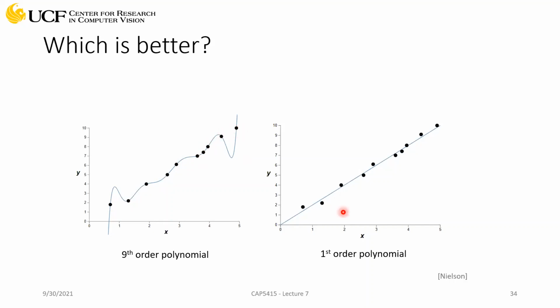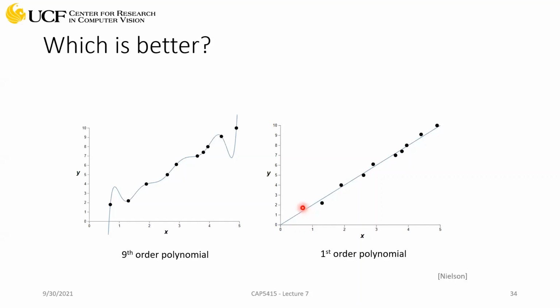Now let's look at another example, which is just a first order polynomial, because for a straight line you just need maybe two parameters, like slope and intersection with the X or Y axis. So this is a first order polynomial and it's a straight line. In this case, if you compute the loss of this function, it will not be perfectly zero, because if you look at this point, it's not completely overlapping with this curve.